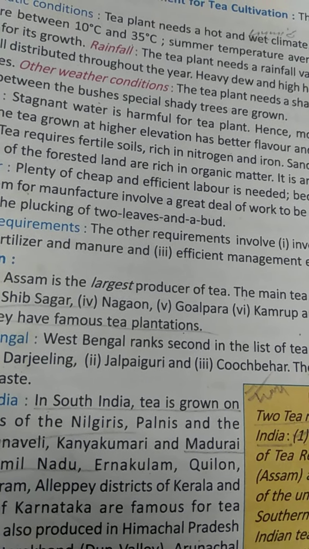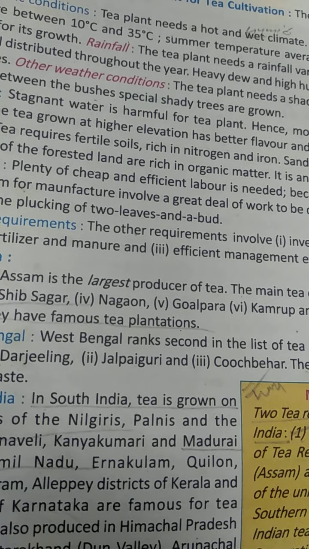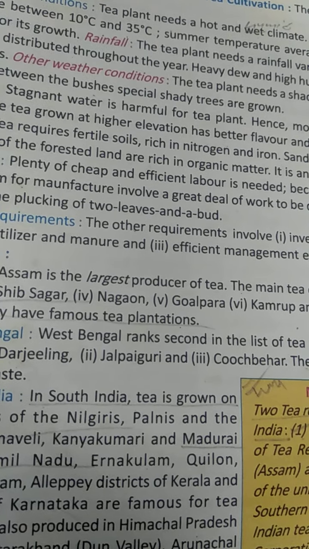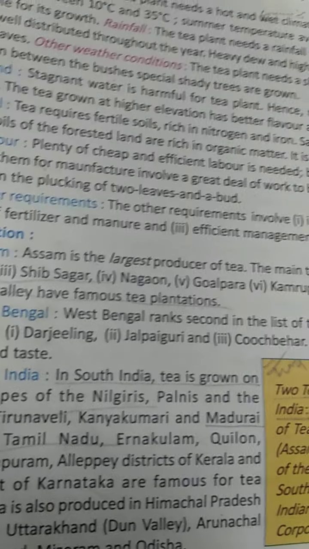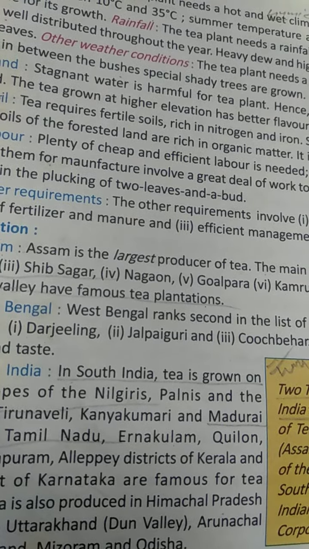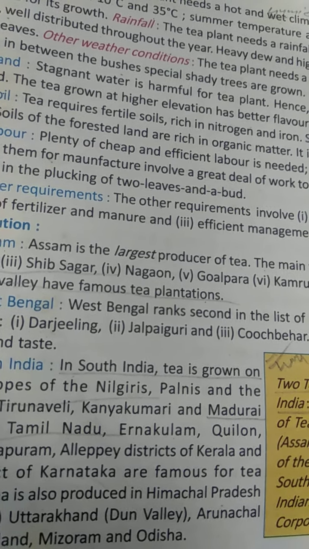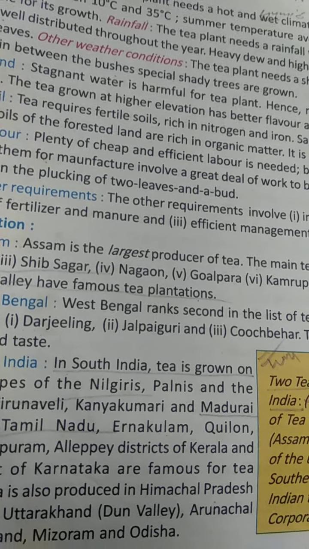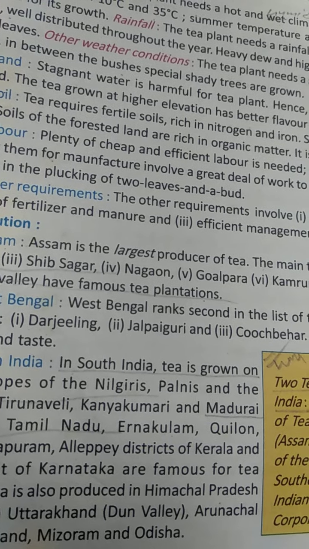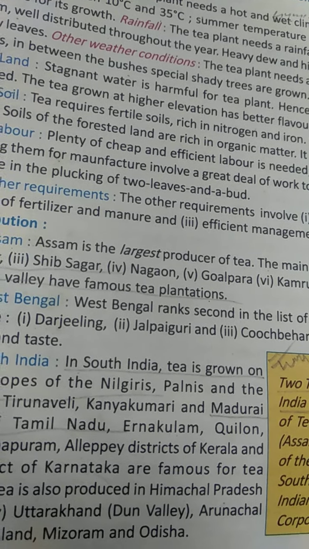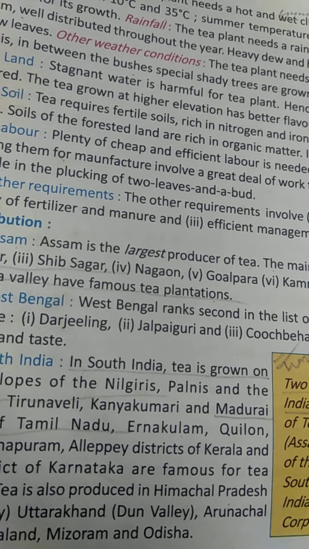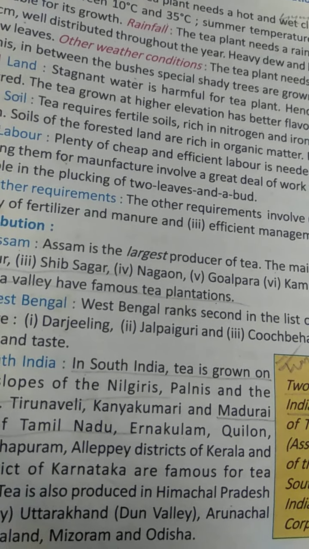In South India also tea is grown, that is in the Nilgiris, the Palanis and the Annamalai, Tirunelveli, Kanyakumari and Madurai districts of Tamil Nadu. Idukki, Quilon, Alleppey districts of Kerala. Coorg district of Karnataka is also famous for its tea.